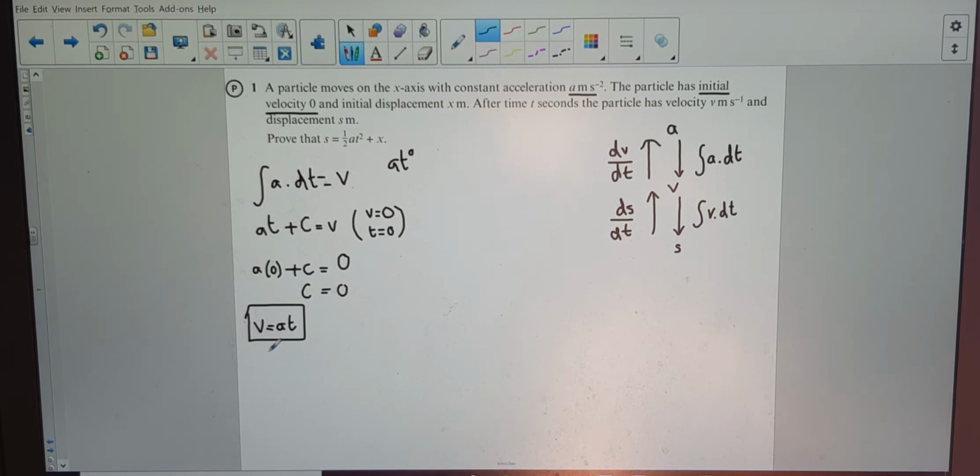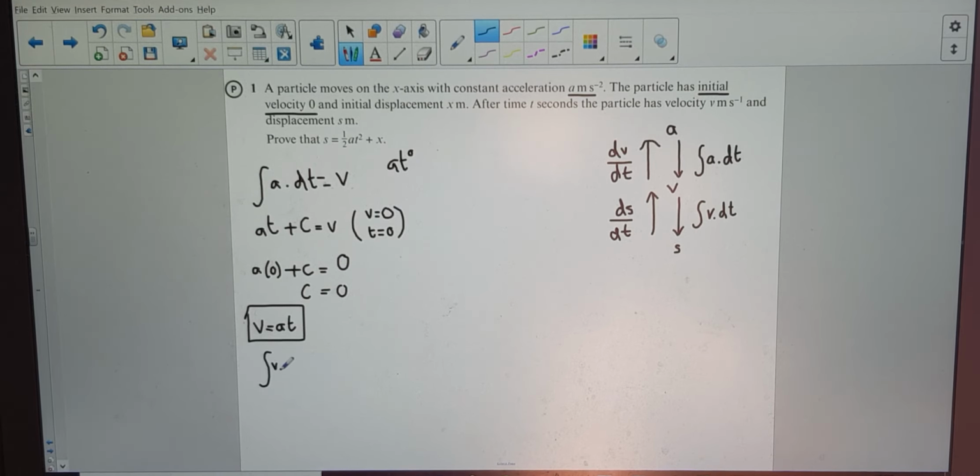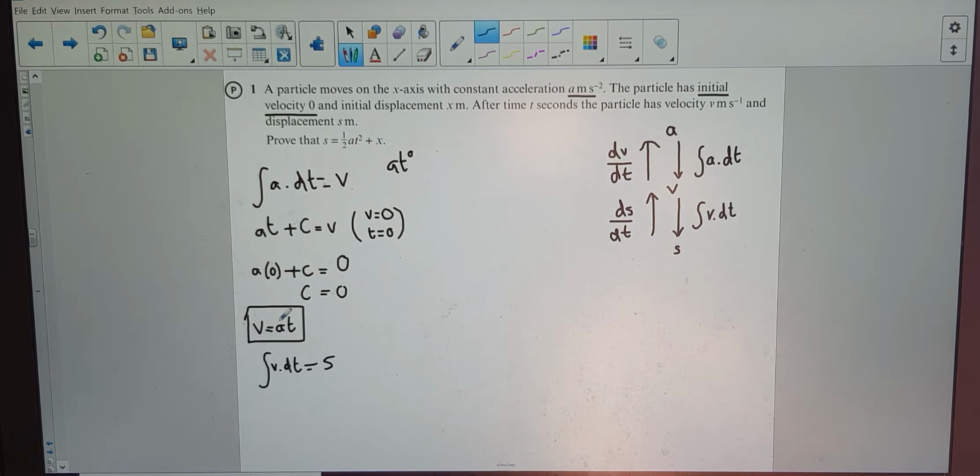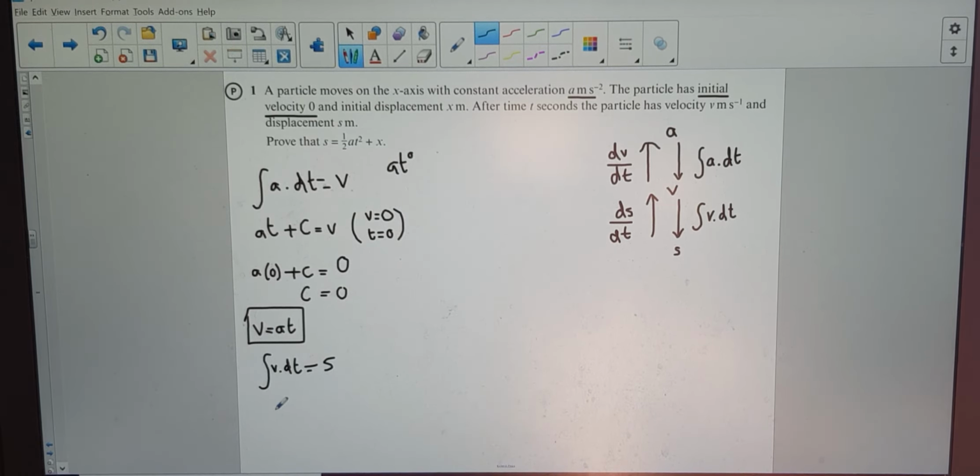Right, what do I know now I have the velocity? Well, if I integrate the velocity with respect to time, that is going to give me the displacement, and ultimately I'm seeking to get to the displacement. So v is equal to at. I know I want it in terms of a and t because it says it in the final answer anyway.